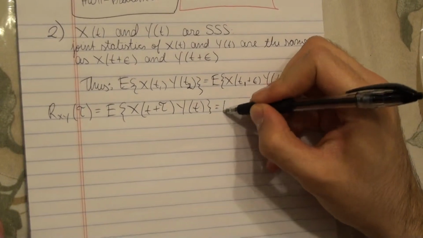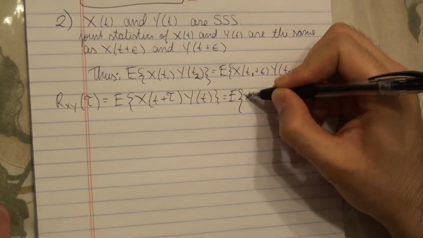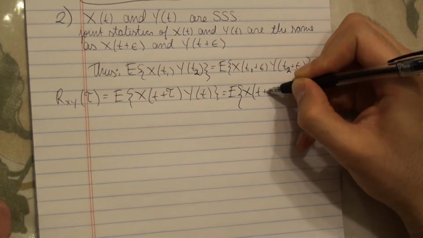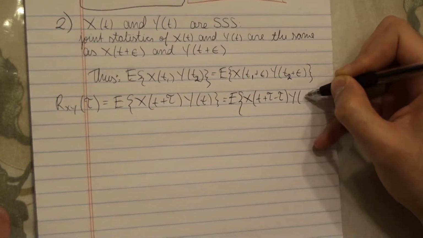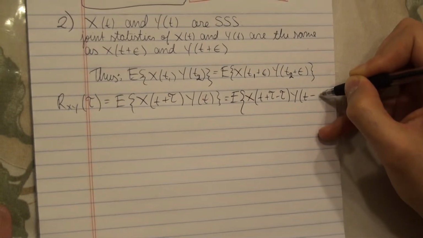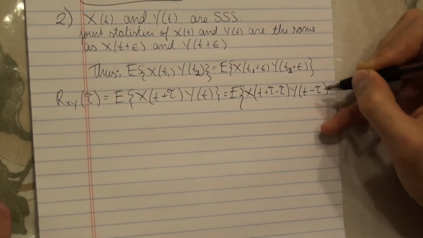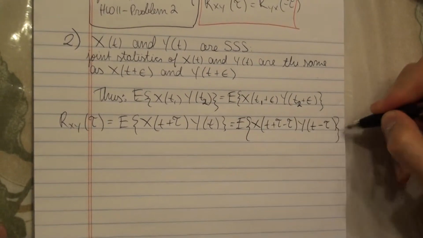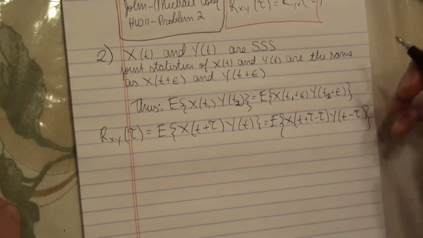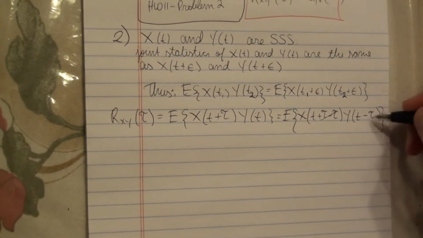So this is going to become expected value of x of t plus tau minus tau, y of t minus tau. So I'm adding a minus tau or subtracting tau. So what happens here? These taus cancel, and we're left with this.